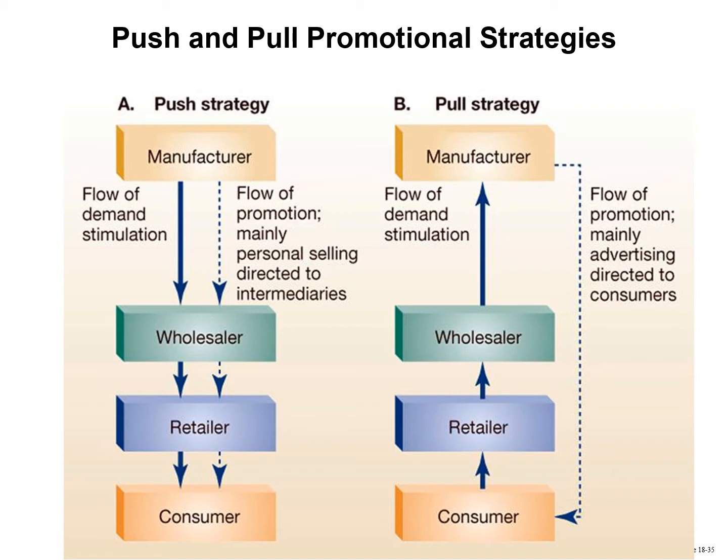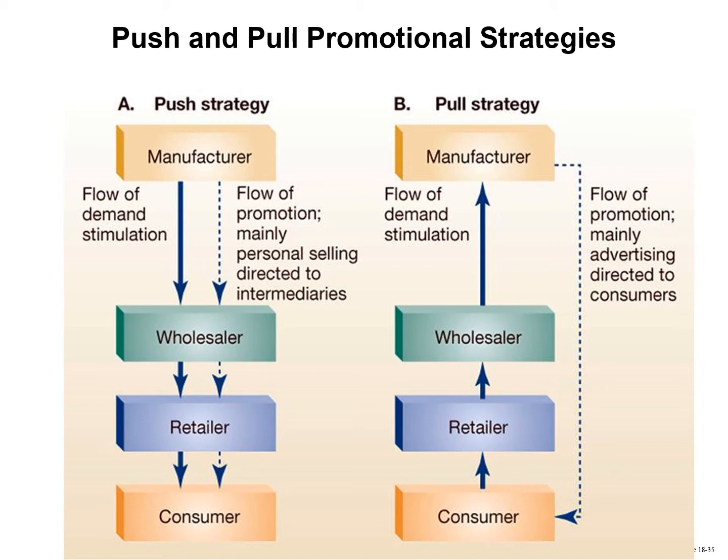So that's pull. You're pulling the customer, and this is mainly the manufacturer doing this. The manufacturer is pulling the customer towards themselves through various intermediaries. However, in the push strategy, you're pushing your product towards the consumer again through all those intermediaries. So this is the difference between push and pull promotional strategies.